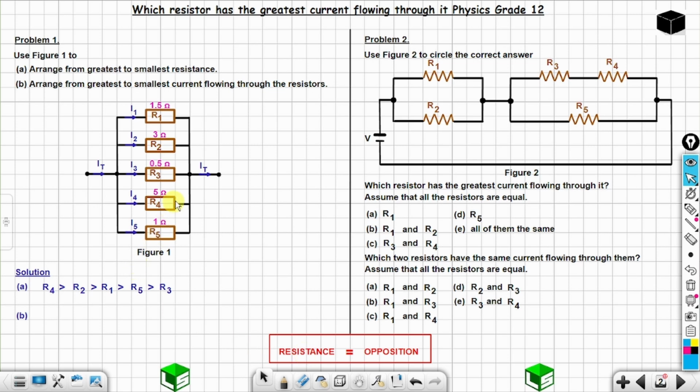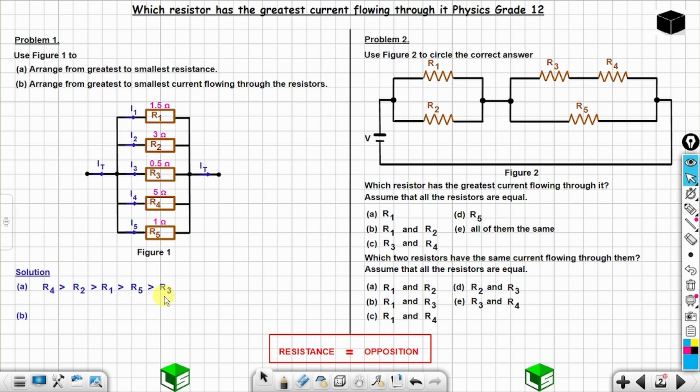So this resistor, which is the greatest among these resistors, is going to have the smallest current because it's got a higher opposition to the flow of current. So the greater the resistance, the smaller the current. The smallest resistance will have the greatest current.